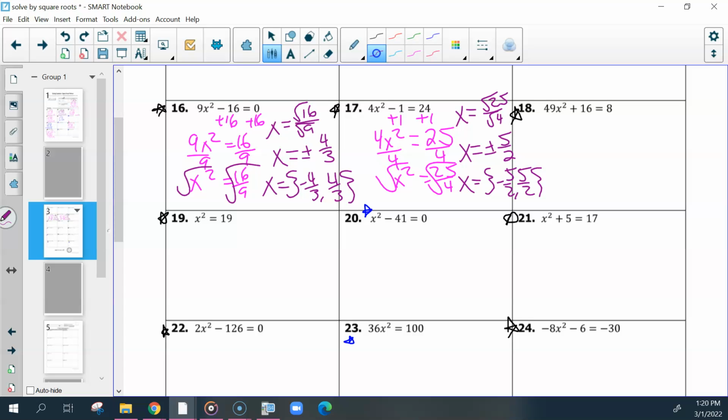Number 18. When I subtract 16, I get negative 8. What would I do from there? I heard someone say something, but I didn't actually hear that said.